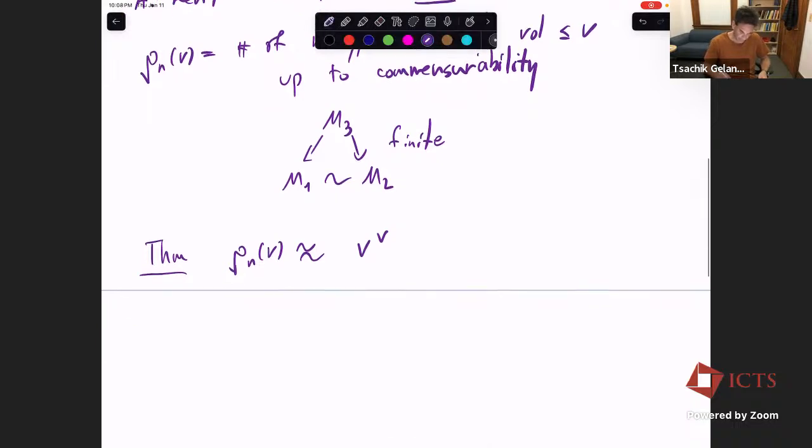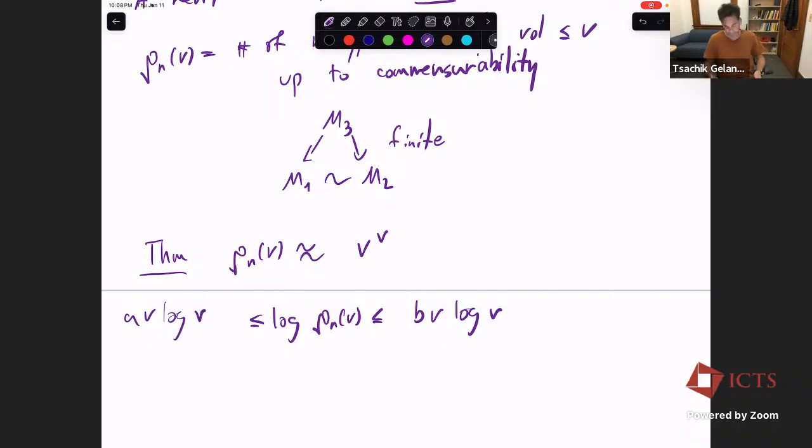It means that the log of rho n of v is at most b v log v, and at least a v log v, for two constants a and b.